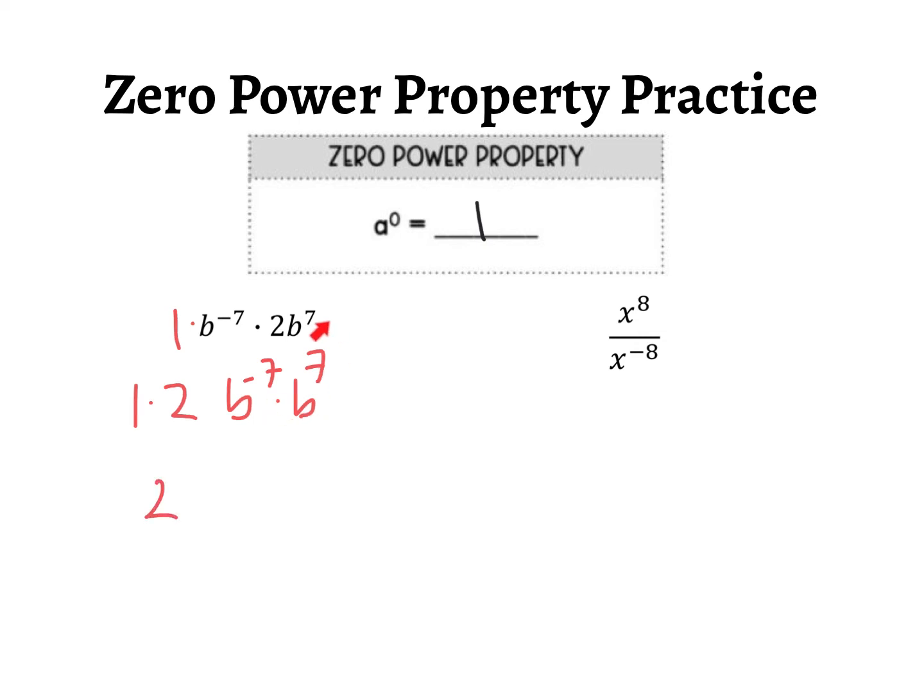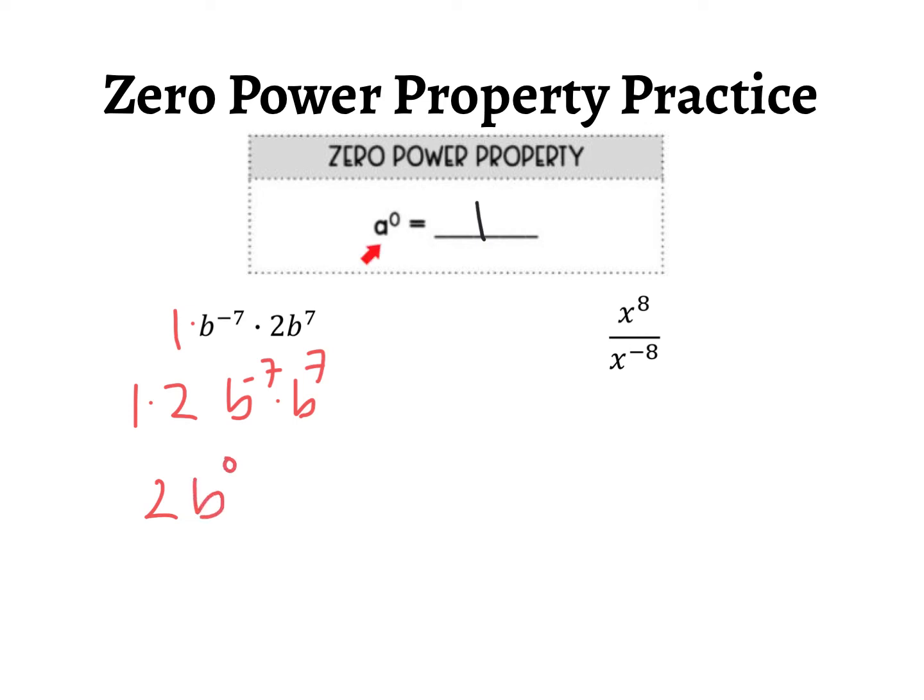What do we do with these exponents when we're multiplying? Multiplication is addition. Again, there's a whole video on this topic, the multiplication property of exponents. Since we're multiplying, we're going to add negative 7 plus 7. And that's just going to be b to the 0 power.